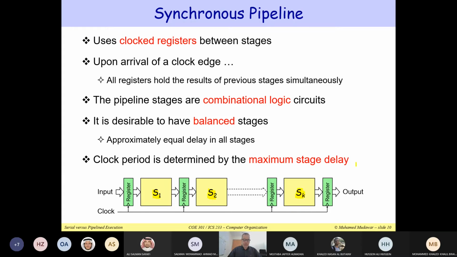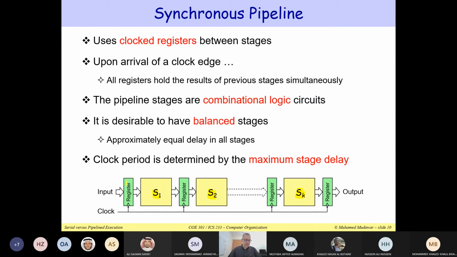K depends, of course, on what you are trying to do in this circuit. If you can break down this circuit into K stages, you can introduce registers, and these registers are clocked. Notice that there is a register between every two stages, so at the end of each stage there is a register. There is also a register at the input of stage S1.